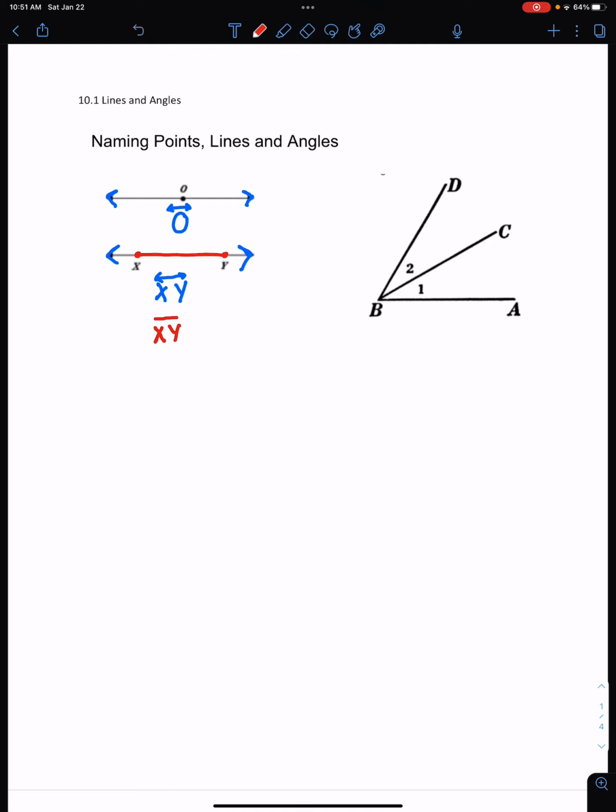All right, so let's talk for a minute about angles. Over here on the right side of the screen, I've got a little picture of some angles. There are a couple of different ways that we can talk about angles.